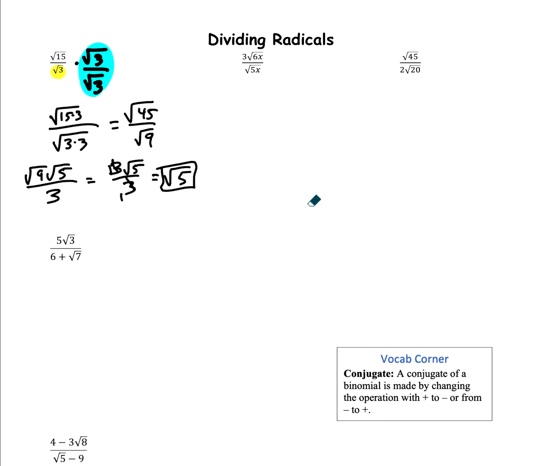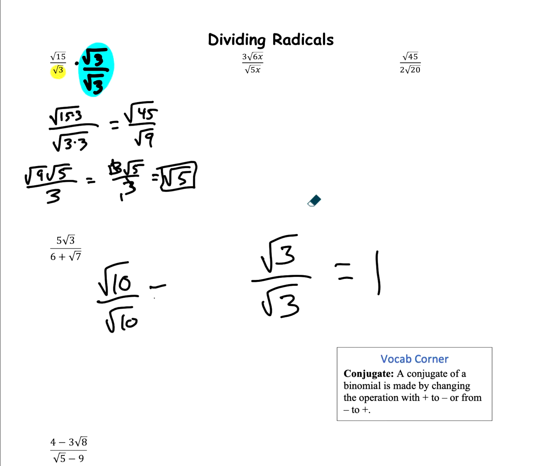Well, radical 3 divided by radical 3 is really just 1. Anything divided by itself, so we could do radical 10 divided by radical 10, that is really 1. So when you're multiplying a number by radical 10 over radical 10, or any radical number divided by any radical number, you're just really multiplying by 1, so it's staying the same.